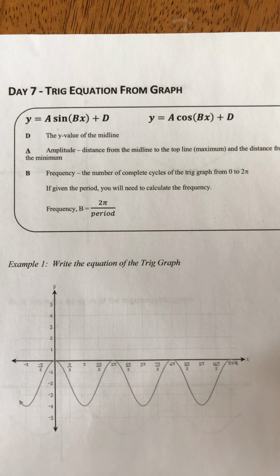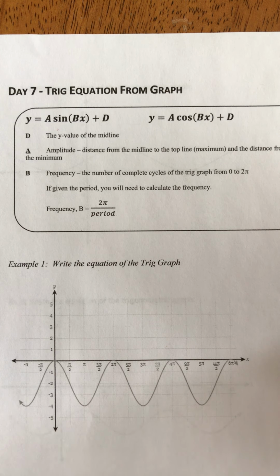Okay? So that is our trig equation for this graph. Let's simplify it. We don't always write the 1 in the front. We could just say sine of x plus 1. And these parentheses are very important. You have to use the parentheses around the x value there.